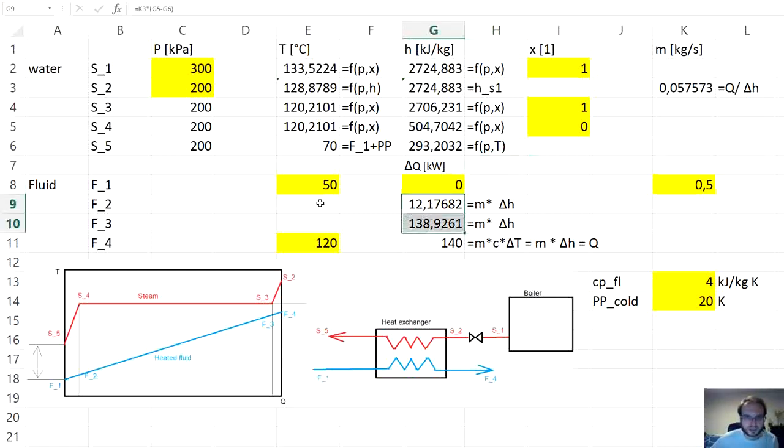Now again, it's valid that delta Q is also m Cp delta T. So if we want to get the temperature difference, maybe let's write it over here.